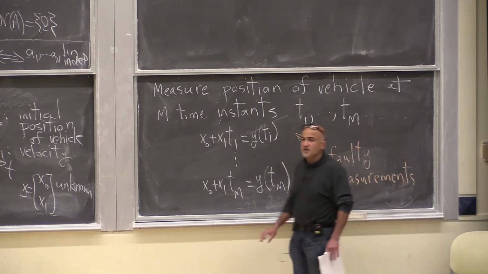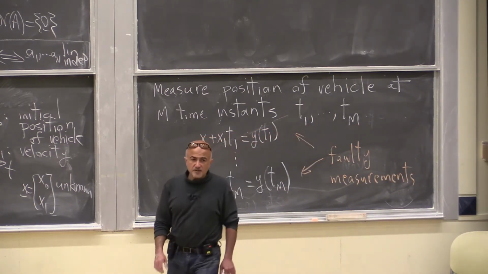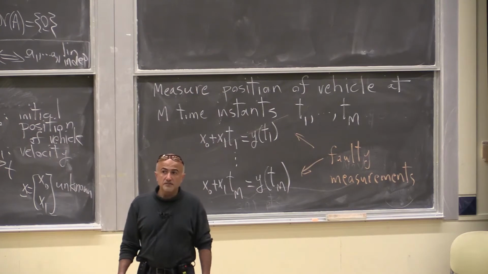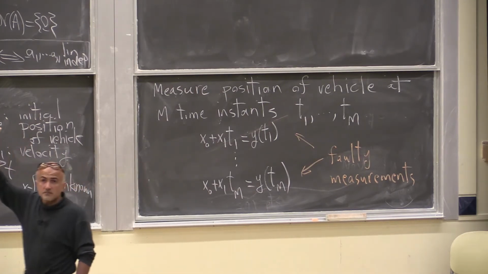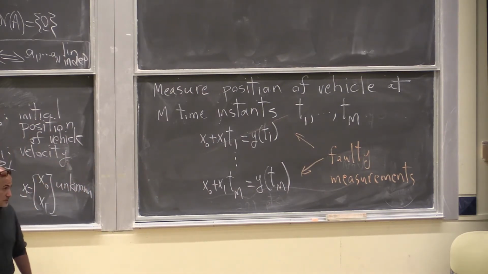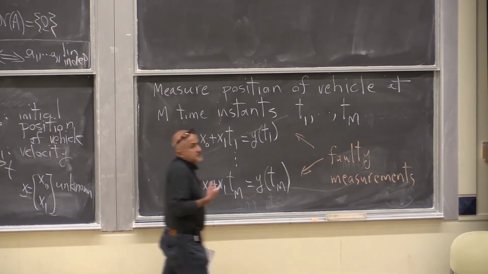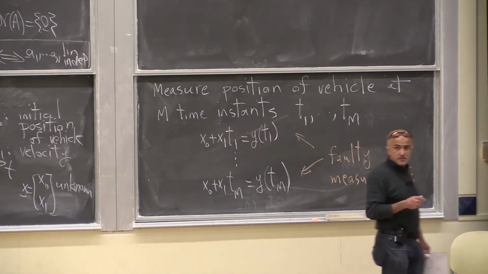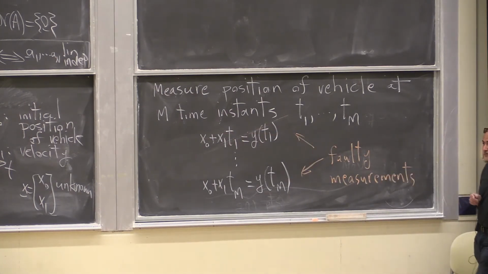If I had perfect measurements, how many measurements would I need to make? 1? 2. I have 2 unknowns. If I measure the position of the vehicle at 2 time instants, that's all I need, because 2 points specify a line. Okay? The problem is I'm not making accurate measurements. I have erroneous, faulty measurements.